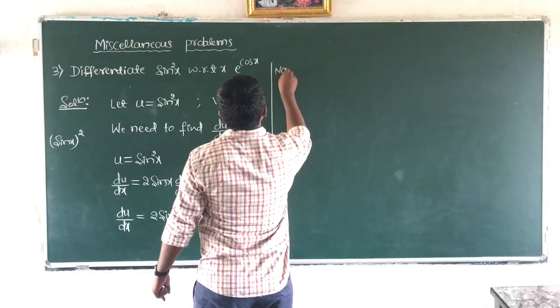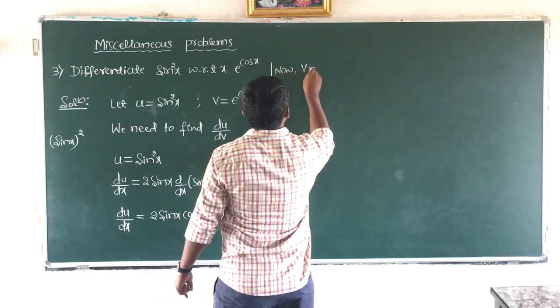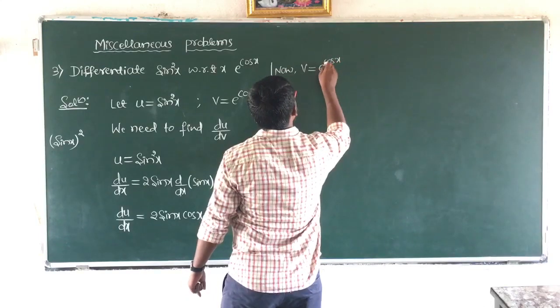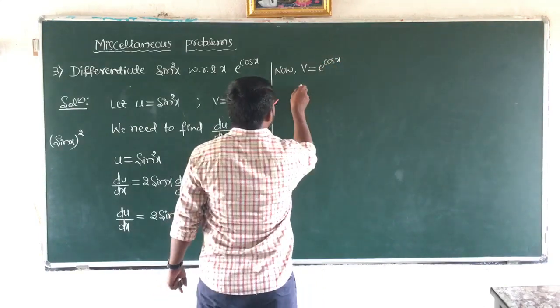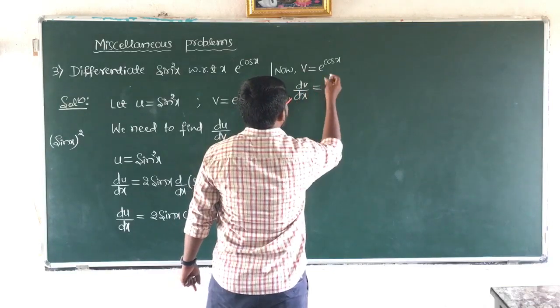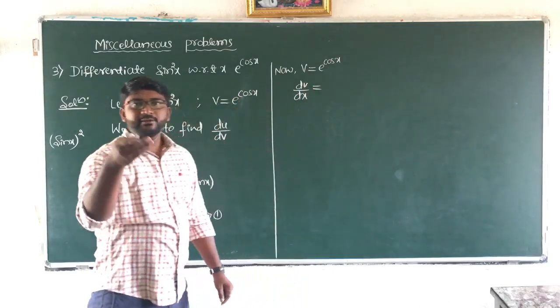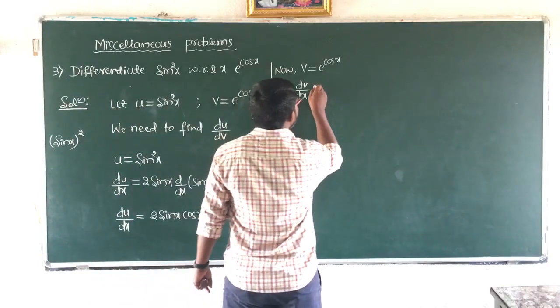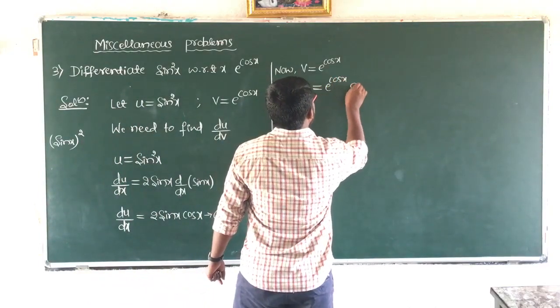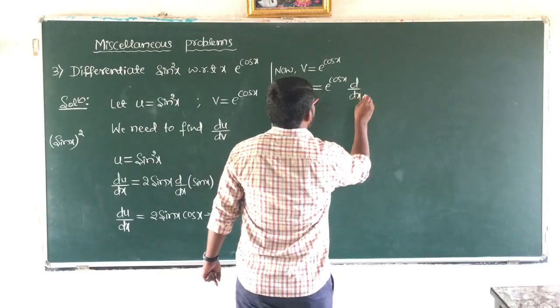Now v is equal to e raised to cos x. So differentiate with respect to x, we get dv by dx. It is in the form of e raised to x. The derivative of e raised to x is e to the power x itself. So e raised to cos x into d by dx of cos x.